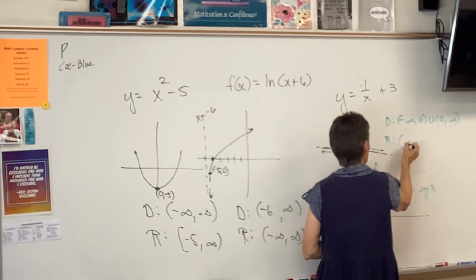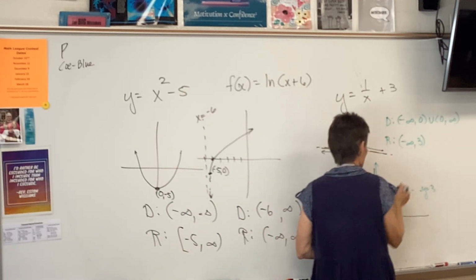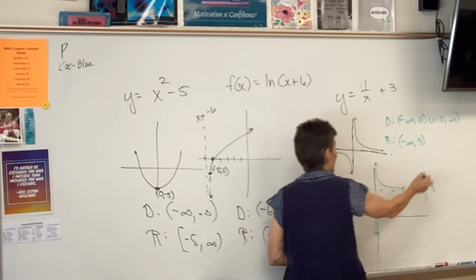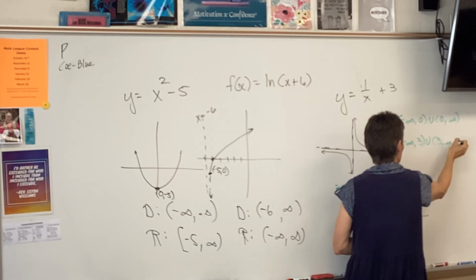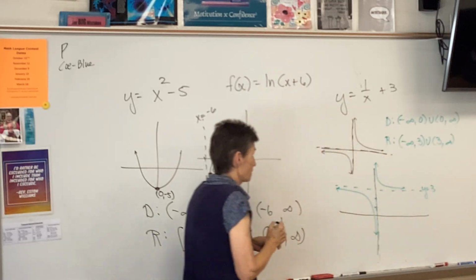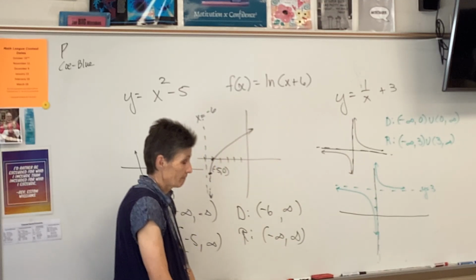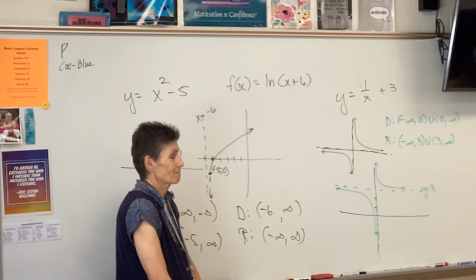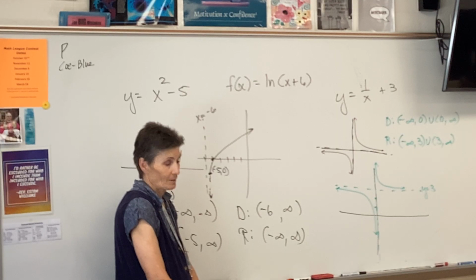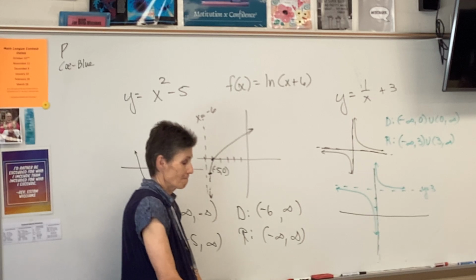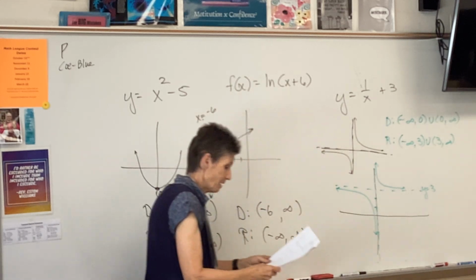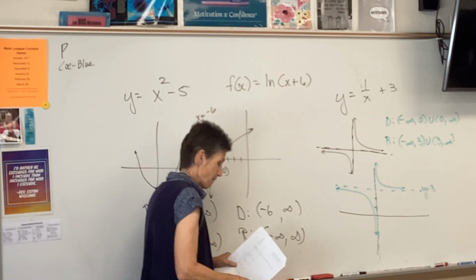So your range is negative infinity to 3, and then 3 to infinity. Okay? All right. Try D.